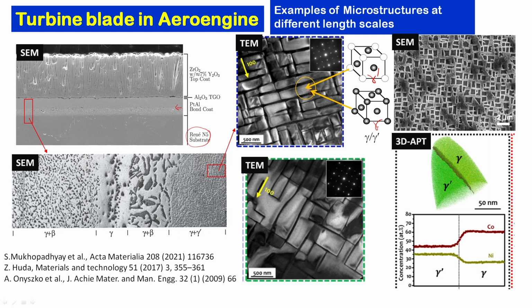So, now one can go down even further, look at the atomic level structure. These are not atomic level, but these are TEM, transmission electron microscopic images. If you go down the structure, you can see the different types of atoms present between gamma and gamma prime. I am only showing you cobalt and nickel. You can clearly see in gamma prime, cobalt is less, nickel is more compared to gamma.